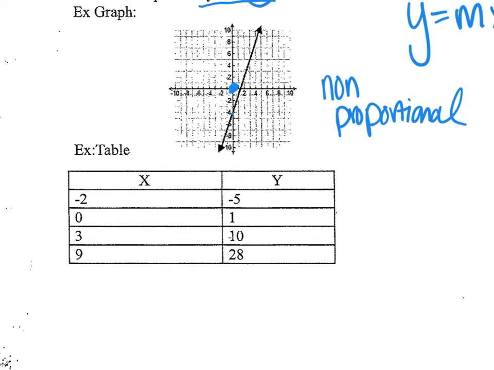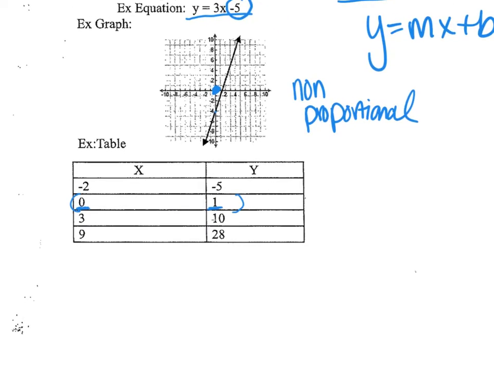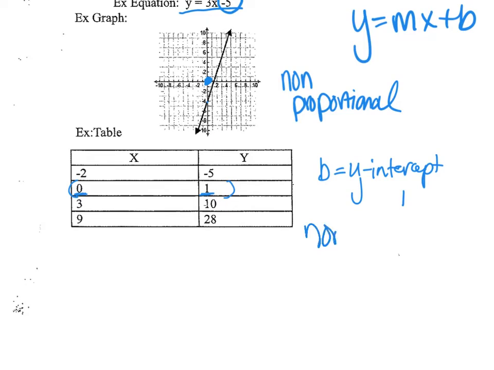Then for a table, you'll know it's non-proportional if you don't have 0, 0. So where we have an x value of 0, we have a y value of 1. That would mean our y-intercept is 1 instead of 0. So it's non-proportional.